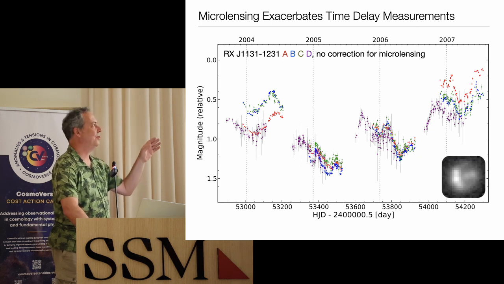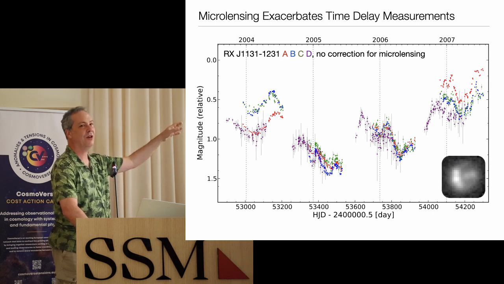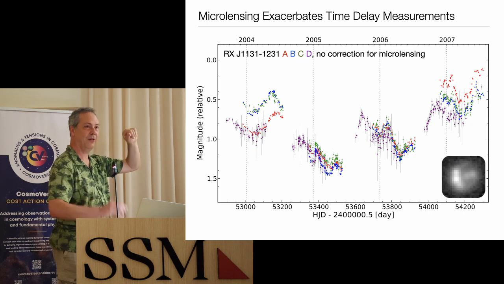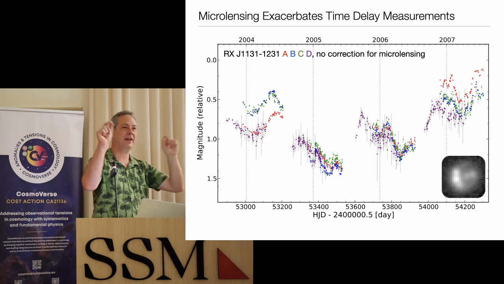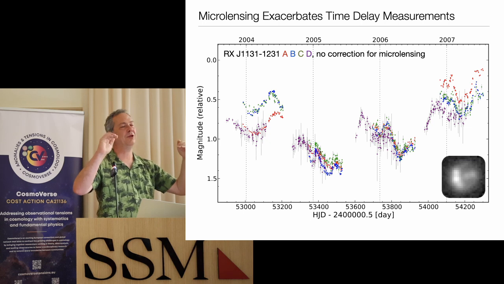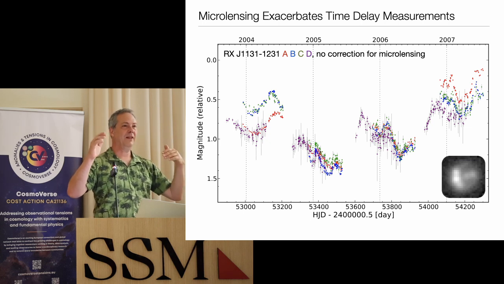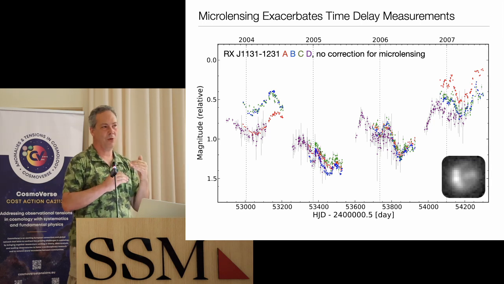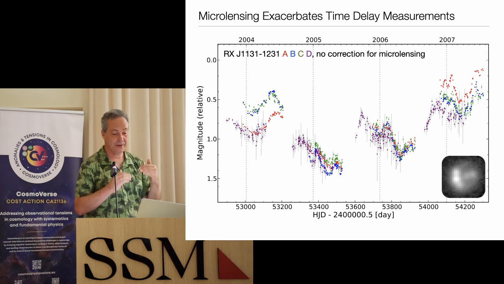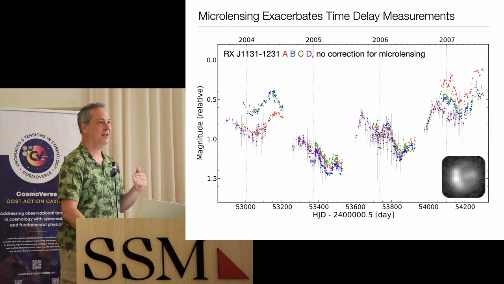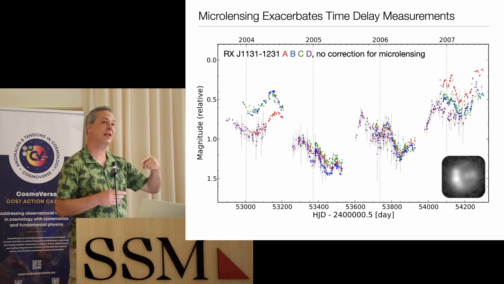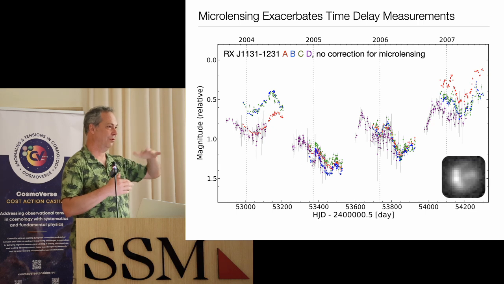The message to take away is, measuring the delay looks easy. The curves look alike. They are not, because you have stars in the lensing galaxy. They pass in front of the quasar images, and that introduces some flickering between the quasar images. So they quite match, but not exactly, and that can bias your time delay estimate. This microlensing is very slow. It takes months or years to change.